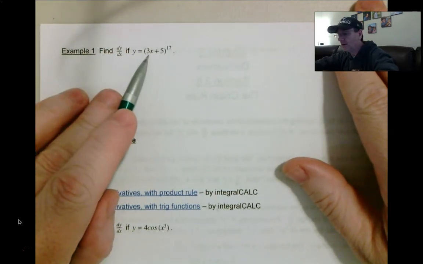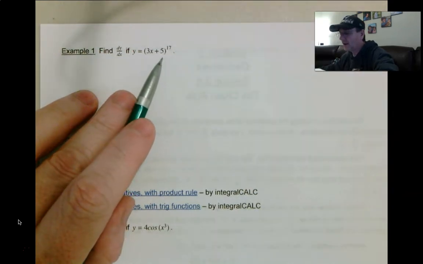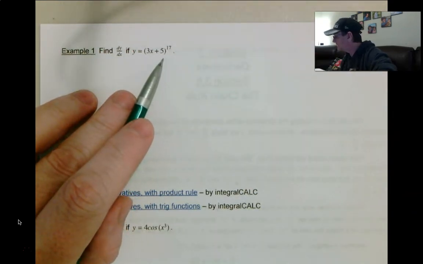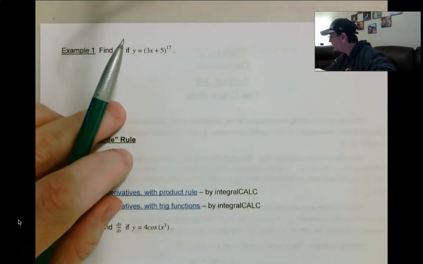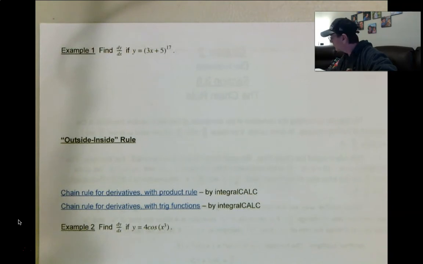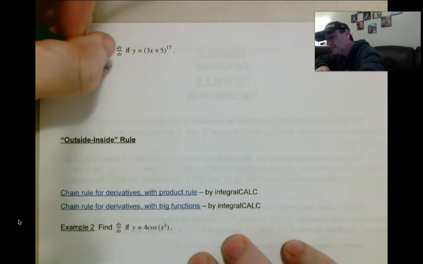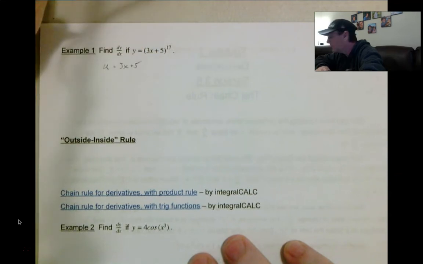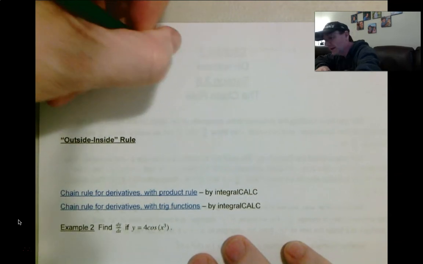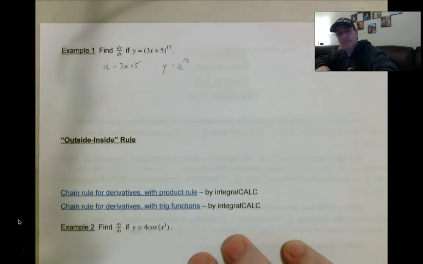So our inside function is 3x plus 5, and our outer function is raised to the 17th power. We define u equals 3x plus 5, and y is now equal to u to the 17th power.